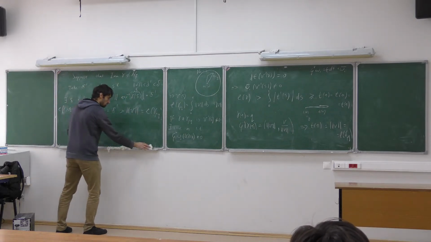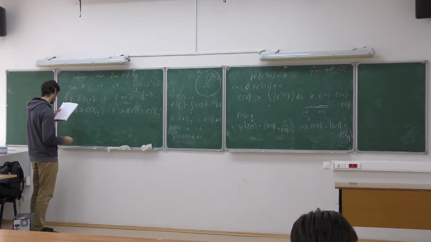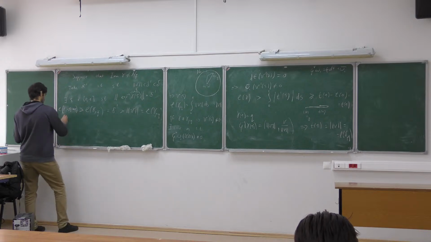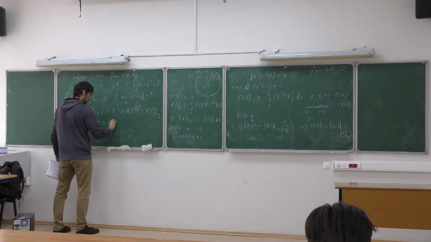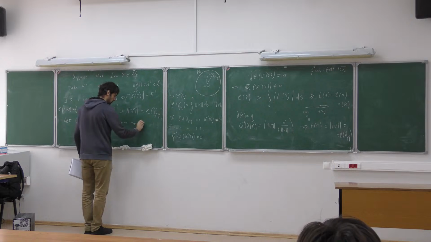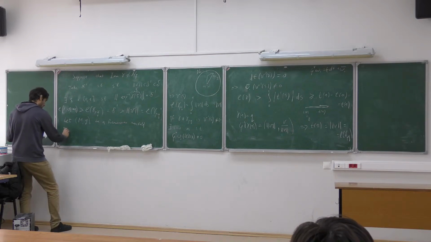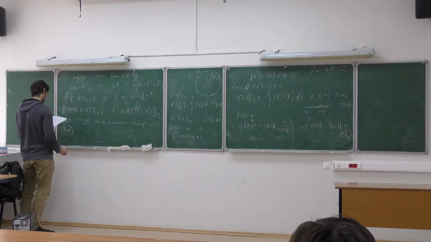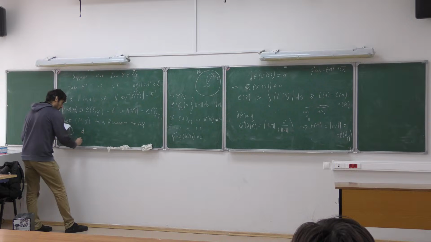Okay, so now we can define a metric on our manifold. Let M, g again be a Riemannian manifold. Then we define the following number for each pair of points.